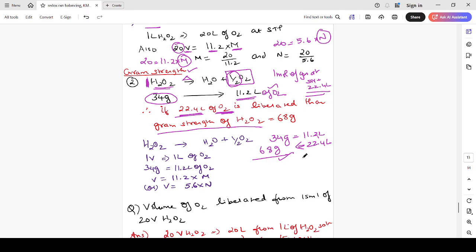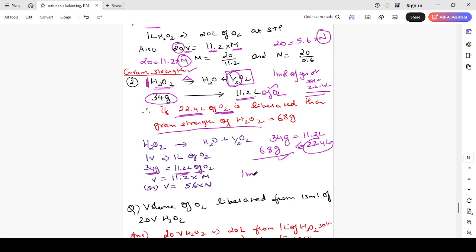34 grams will give me 11.2 liters of oxygen. Correct? 34 gram is giving me 11.2 liters of oxygen at STP.